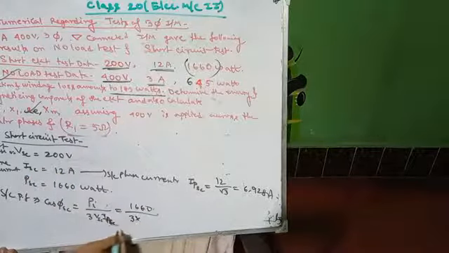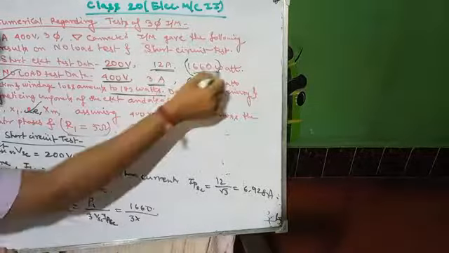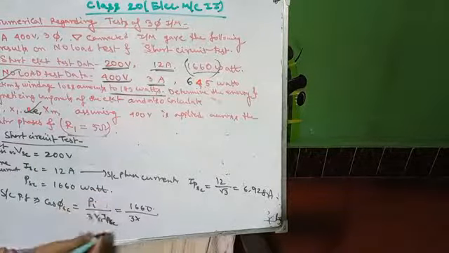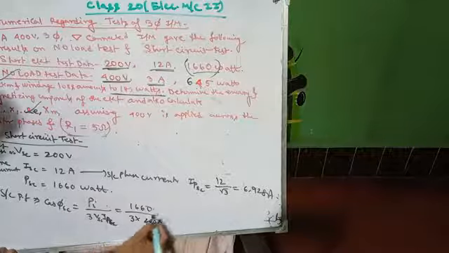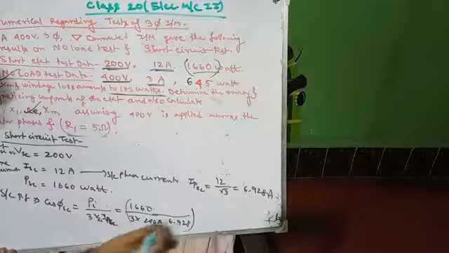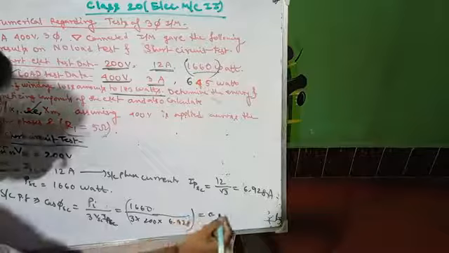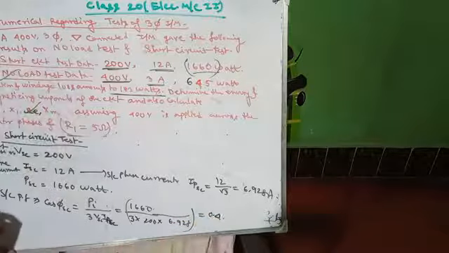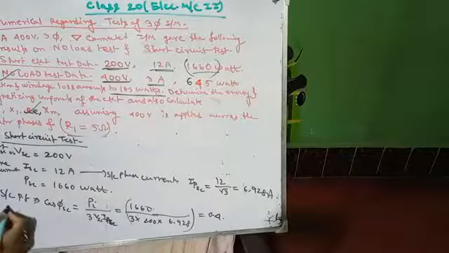For the short circuit test you can directly use this one as PSC. So VSC equals to 200 and IPSC equals to 6.928. So after calculating, it will be 0.4 power factor. Okay, so this is your Roman 1.